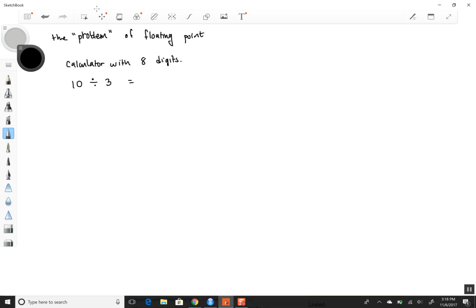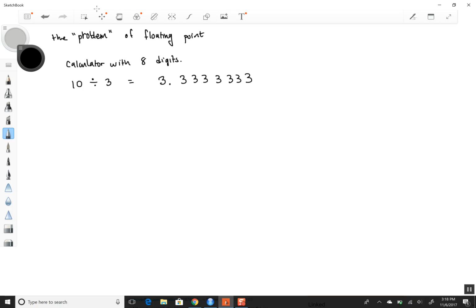What is your calculator going to output? 3.3333333, right? 1, 2, 3, 4, 5, 6, 7. So we've got a 3 and 7 threes after the decimal place. You hit equals, and this is what you get.